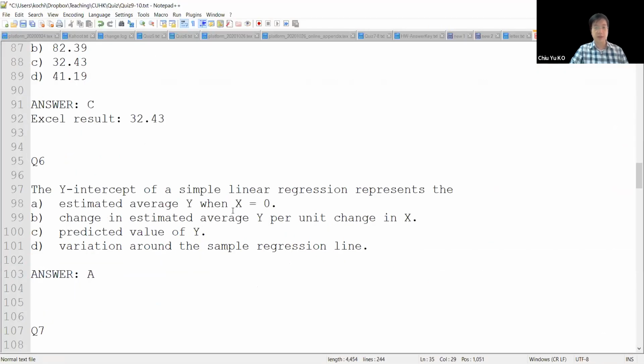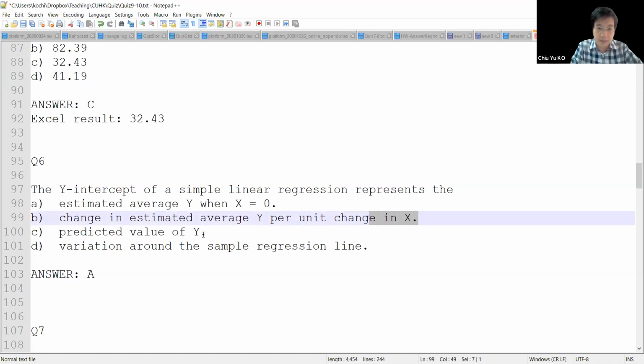The number six is the y-intercept of a linear regression. It's the estimated y when x equals 0. Very simple. The second one is a change in estimated y per unit change of x, actually the slope.